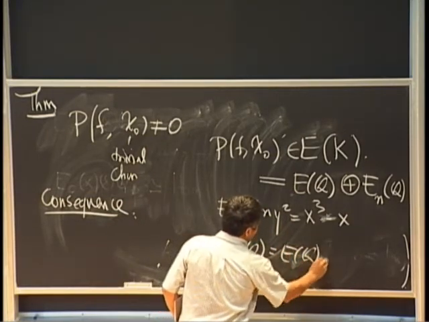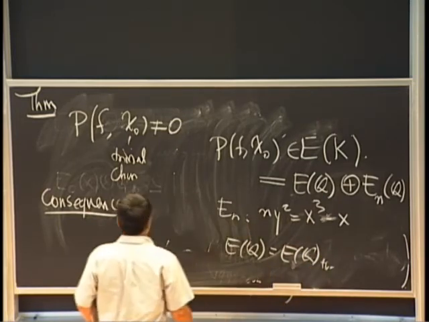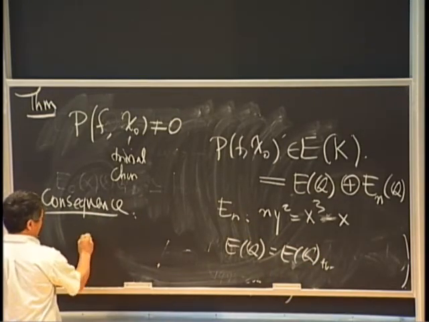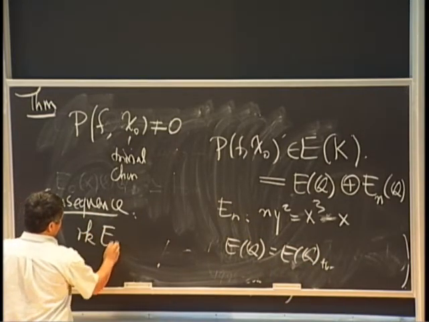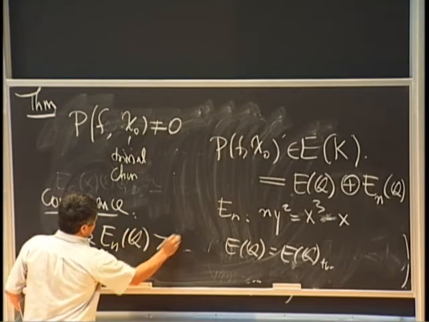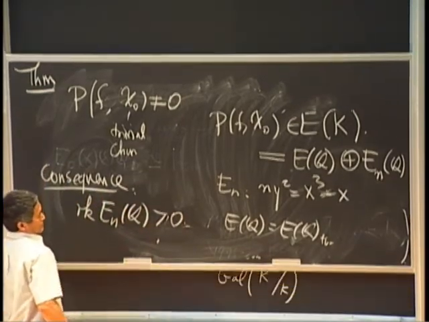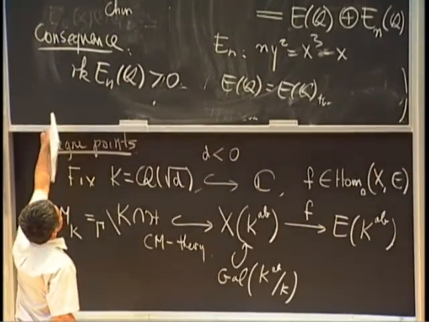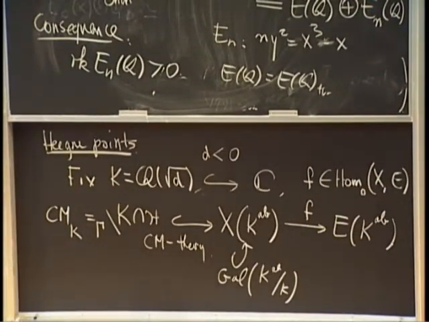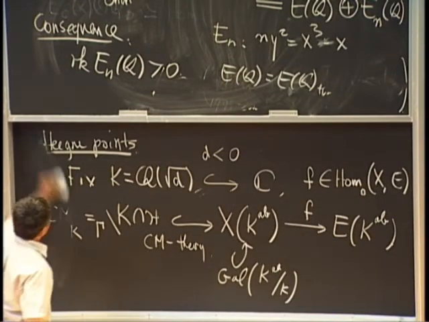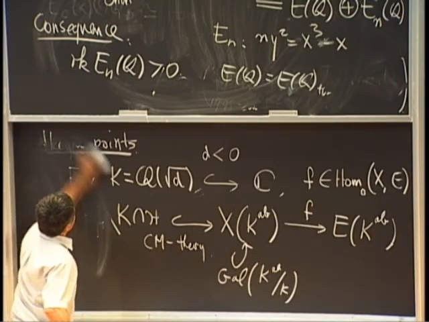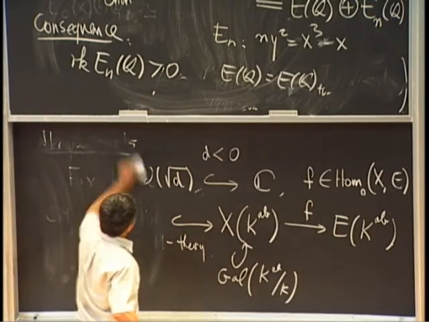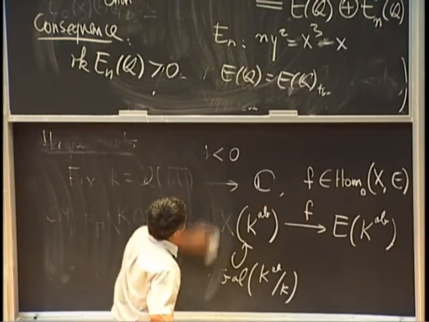You don't have non-torsion points. So consequently, the rank of E_n(Q) is bigger than 0. That's basically what Heegner proved: for a fixed elliptic curve, infinitely many quadratic twists have positive rank.